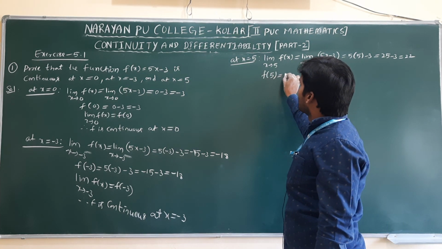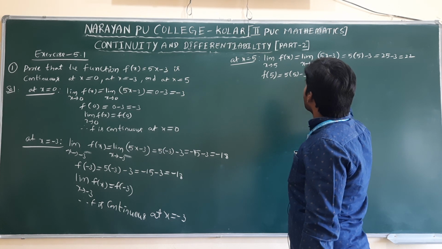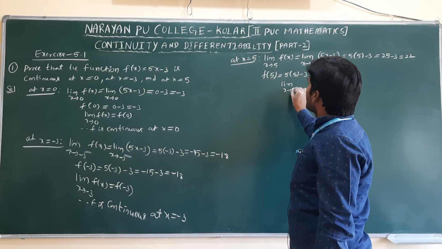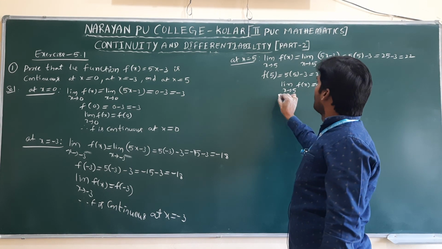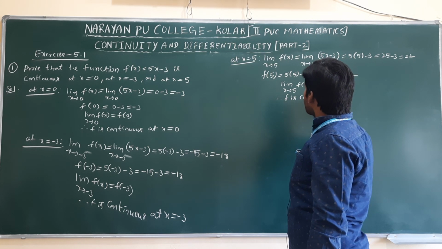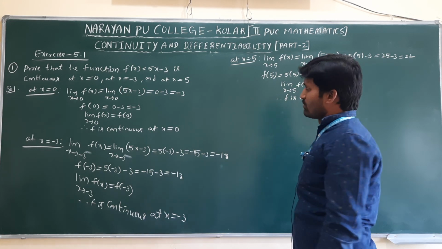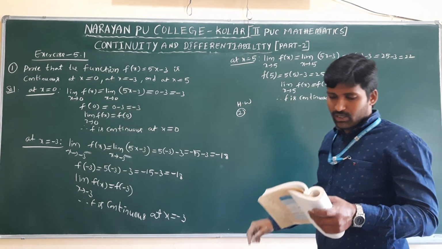Next, f of 5. 5 into 5 minus 3, 25 minus 3, 22. Here also, limit x tends to 5 of f of x equal to f of 5. From this what we can conclude? f is continuous at 5 also.